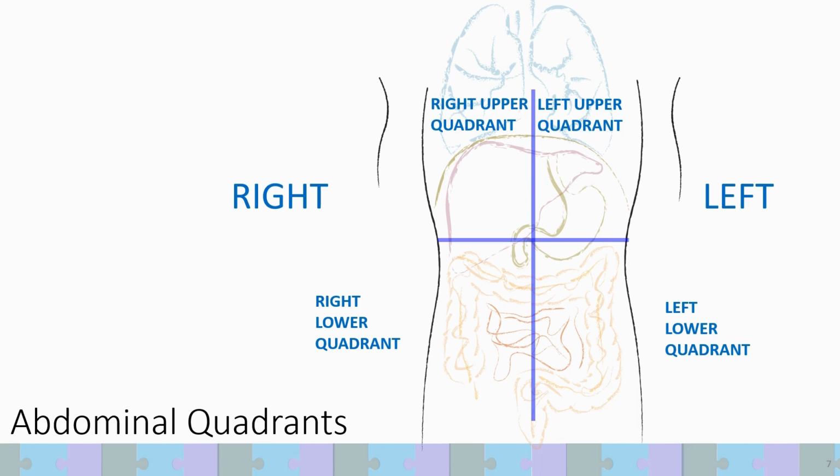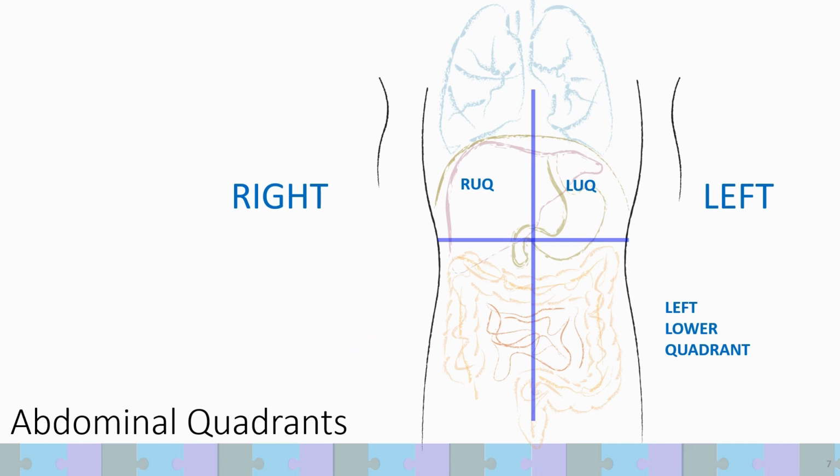Okay, so let's take a look at some of our first abbreviations here. So first, that right upper quadrant is abbreviated RUQ, which is just the first letter of each of the 3 words capitalized. Next, the left upper quadrant is abbreviated the LUQ.